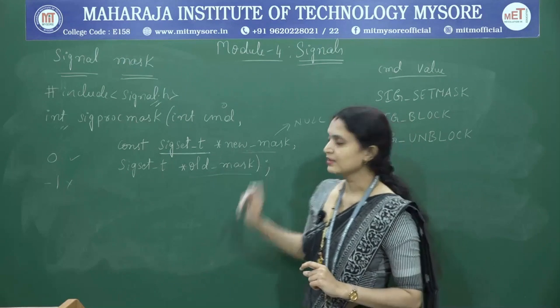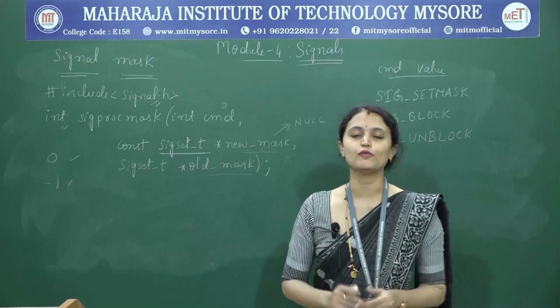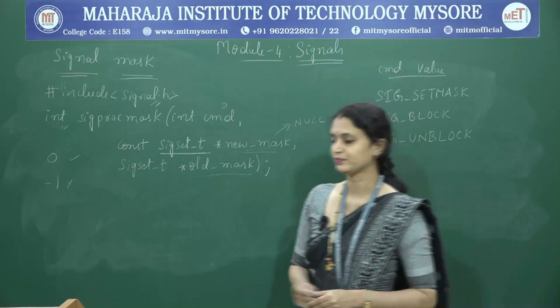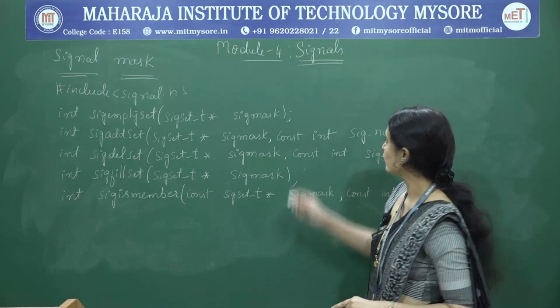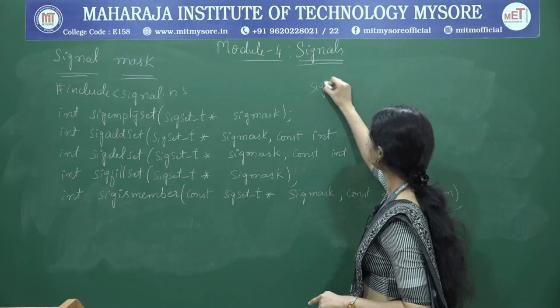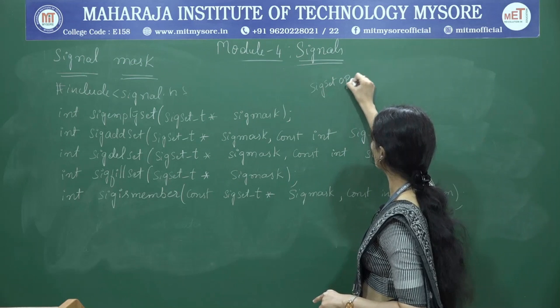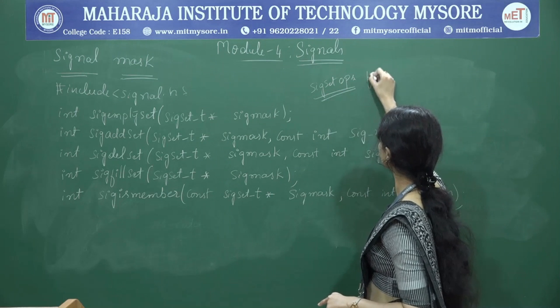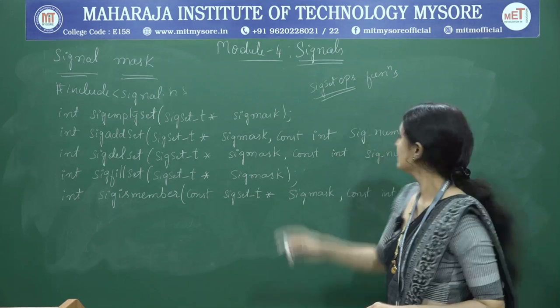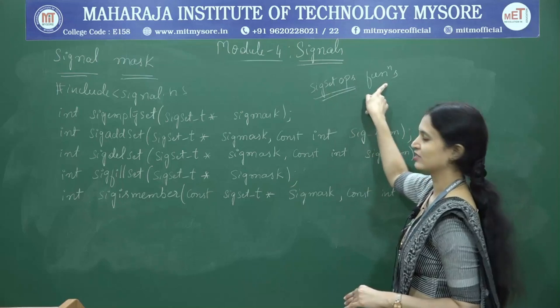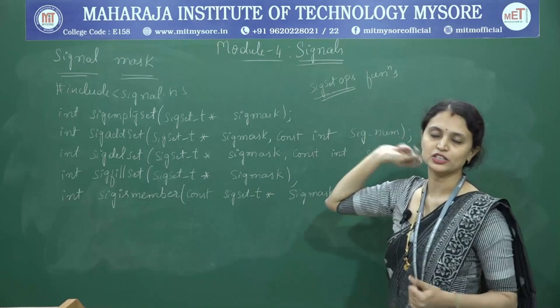So based on this, there are some more set of APIs. These APIs are called sigset ops functions, nothing but signal set operations functions.